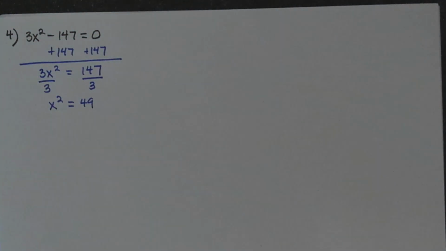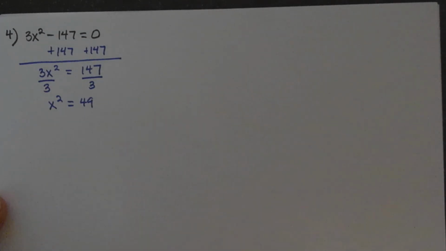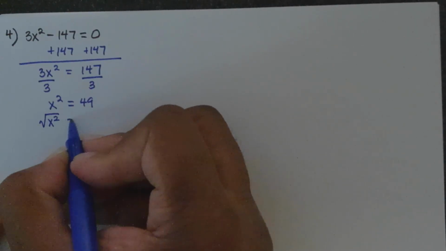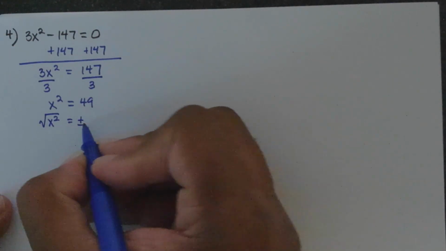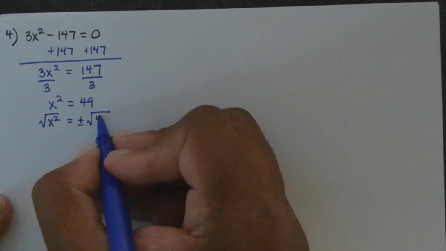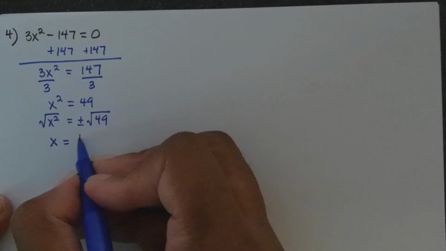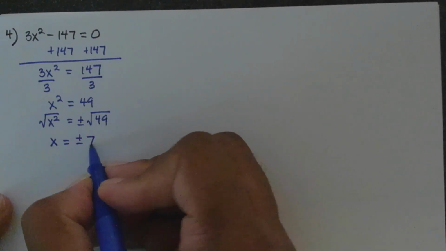Now, the x is being squared, so the opposite of squaring something would be to take its square root on both sides. And what do I need to include? Plus or minus. So that means x will be equal to plus or minus 7.